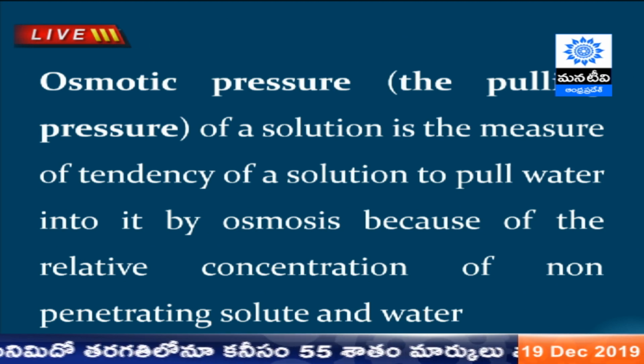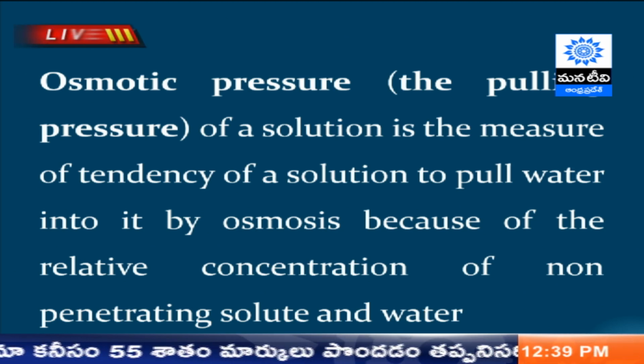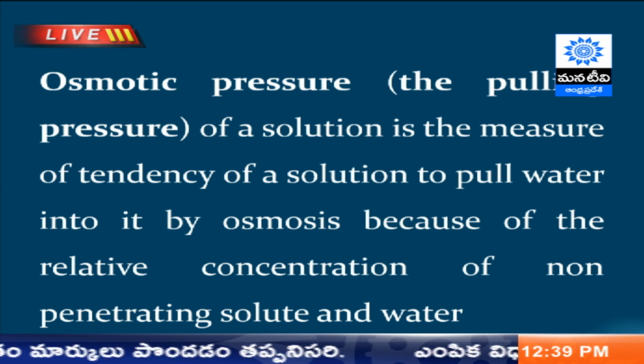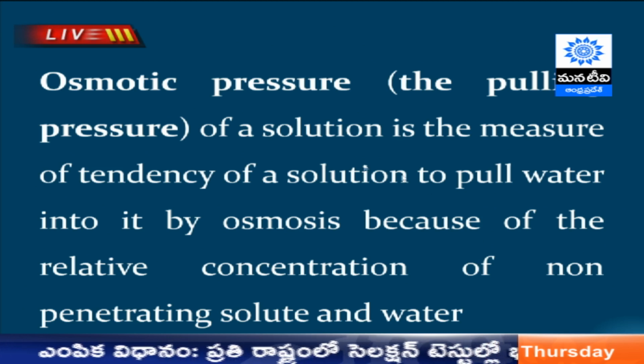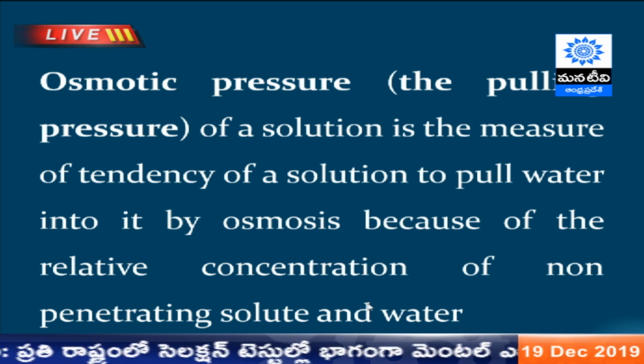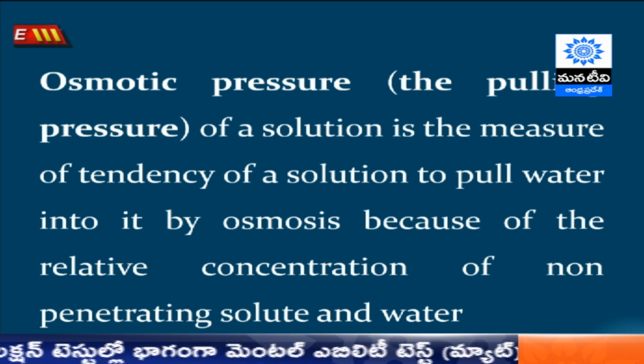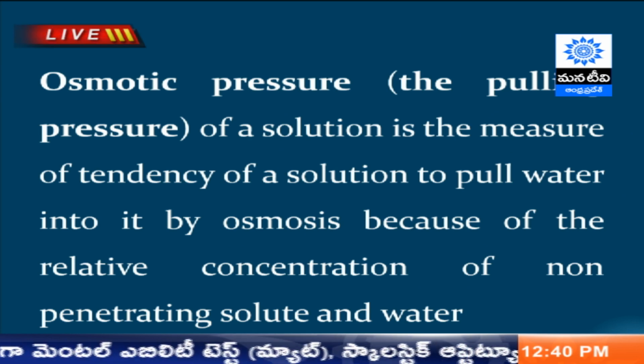So, solute will not penetrate, so there is a pressure. You call it chemical potential at higher classes in PG, but now I will say it as the pulling pressure. I will not use the term chemical potential. In reality, the difference in chemical potential will make the solvent flow from the solution of lower concentration to the solution of higher concentration.